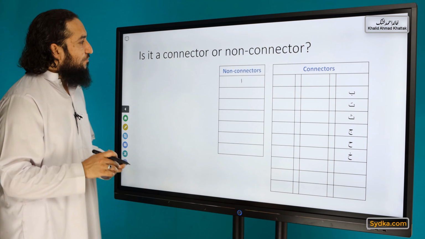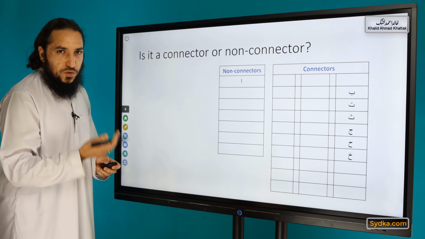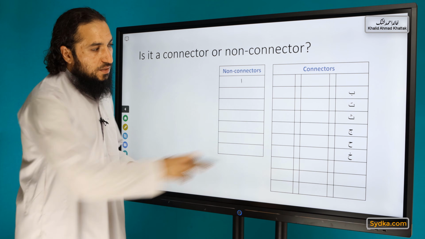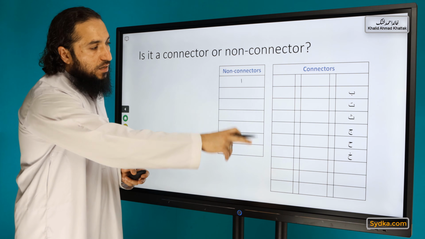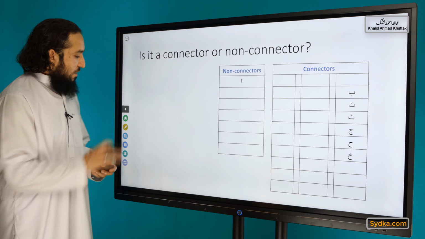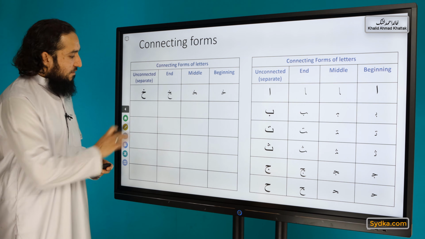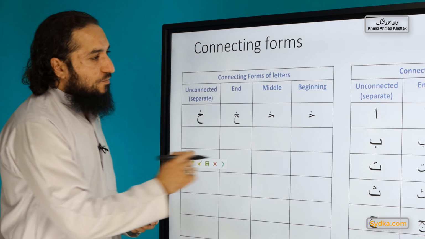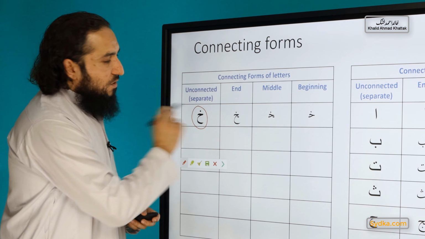Next, is it a connector or a non-connector? It is a connector, similar to the letters before it, Ha and Jim. Why? Because you can see in this slide its connecting form. When it's on its own, it's written like this.